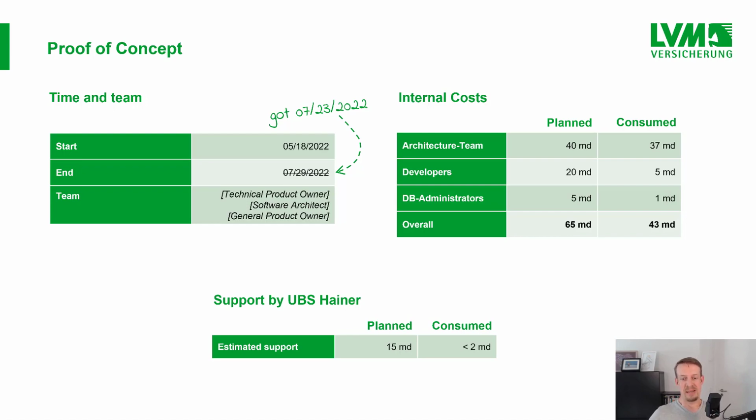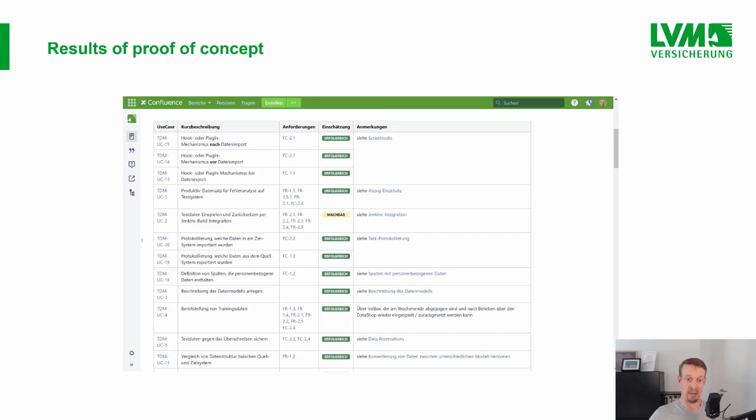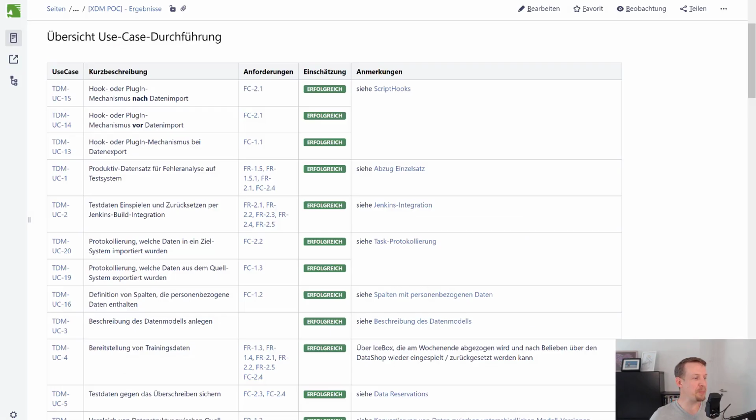Now, the results were the most stunning. Let me switch into our Confluence. I'll spare you the details, just focus on the column here in the middle and on the colors.